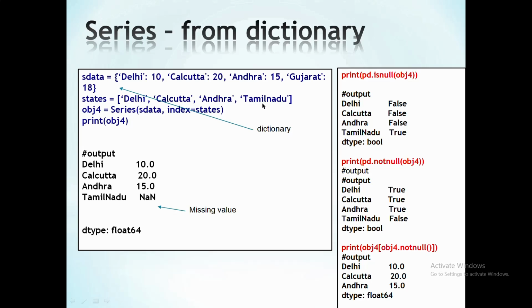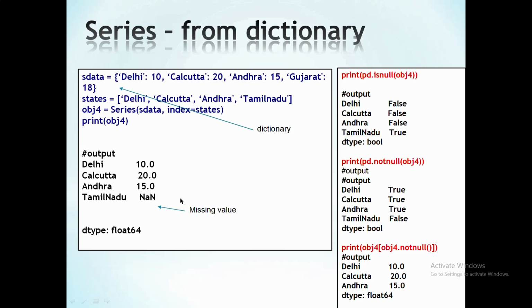So Tamil Nadu has no corresponding value, so here we are printing it as not a number. This is a reference for missing values. When the key is there and there is no corresponding value, we get the identification: not a number.